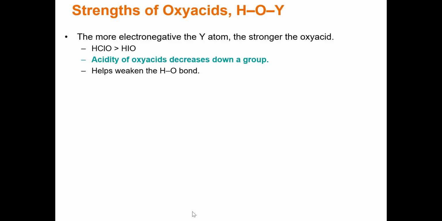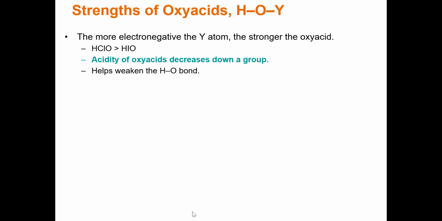So what we saw was the more electronegative the Y atom, the stronger the oxyacid. So for example, HClO is a stronger acid than HIO because Cl is more electronegative than iodine. So what we see is basically in a group, the acidity will decrease as we go down that group.